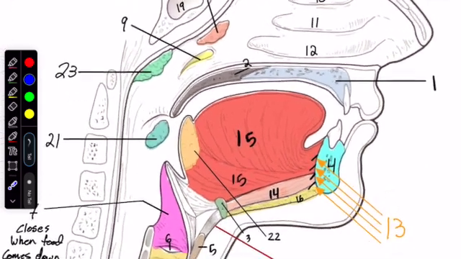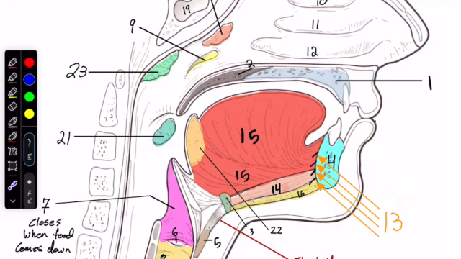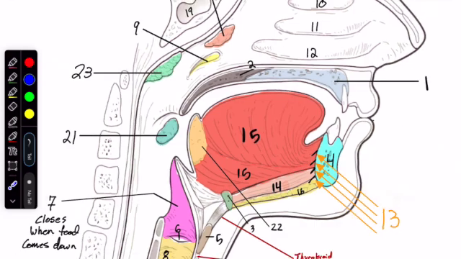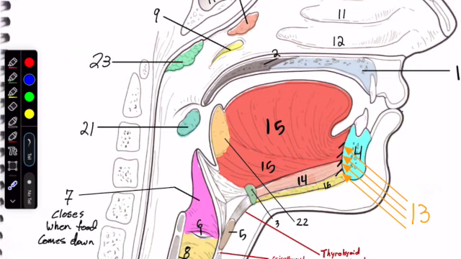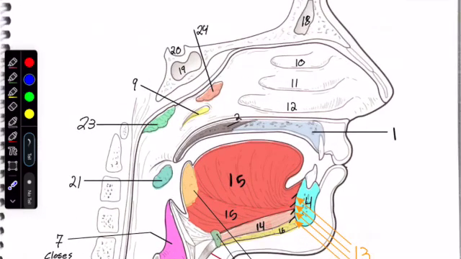21, that's going to be your palatine tonsil. We already talked about this one. That's your palatine. What's this one again? Your lingual tonsil, right? 23 is pharyngeal tonsil. And we talked about this one right in that nasal cavity earlier.